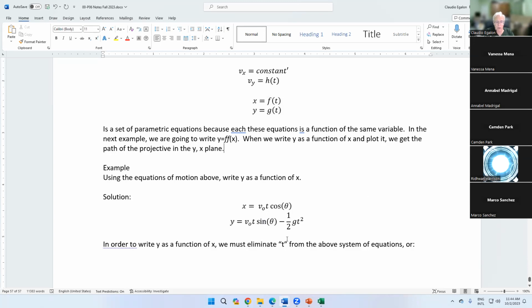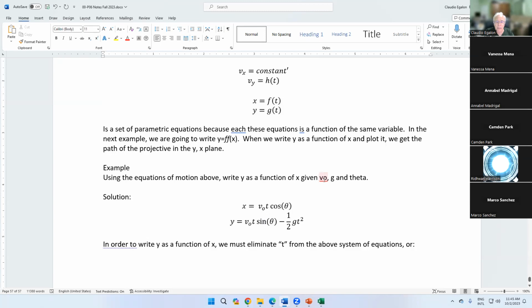So we have to somehow eliminate t. So you have two choices here to eliminate t. Use the equation of motion, y as a function of x, given v naught, g, and theta, right? You have to know that too.